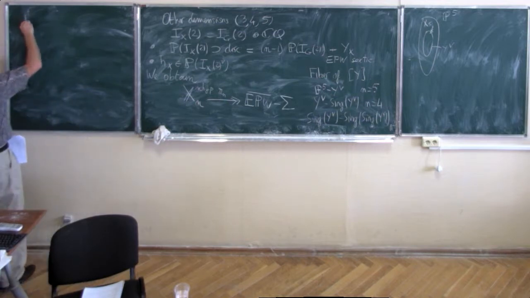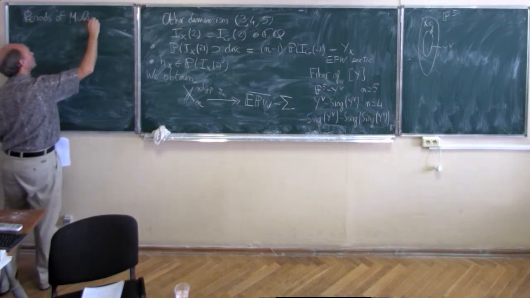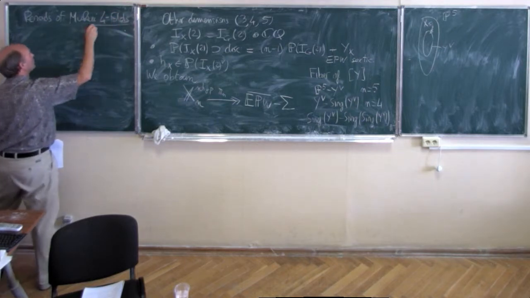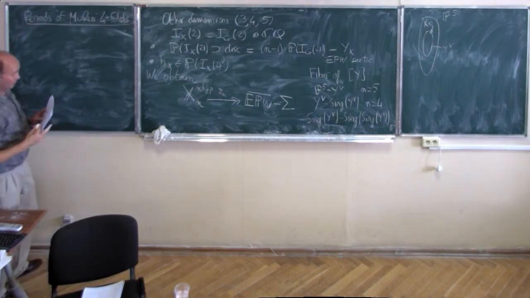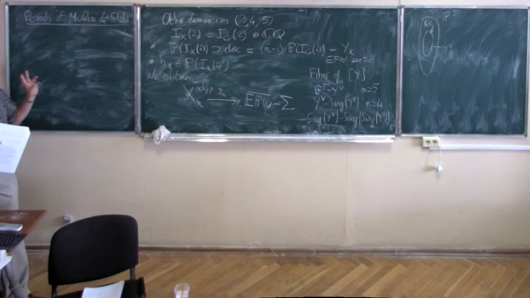So periods of Nuclear 4-folds. You can do similar analysis in other dimensions, but the structure of the Hodge structure depends on the parity of n.